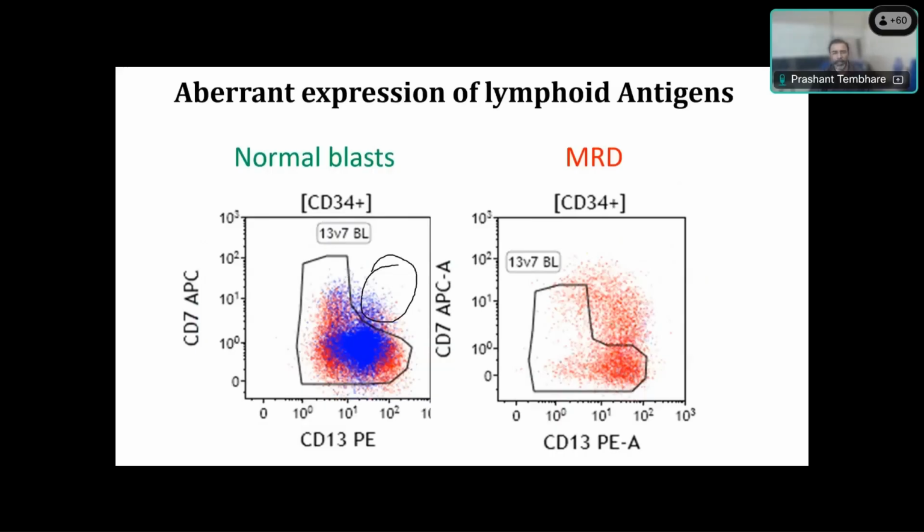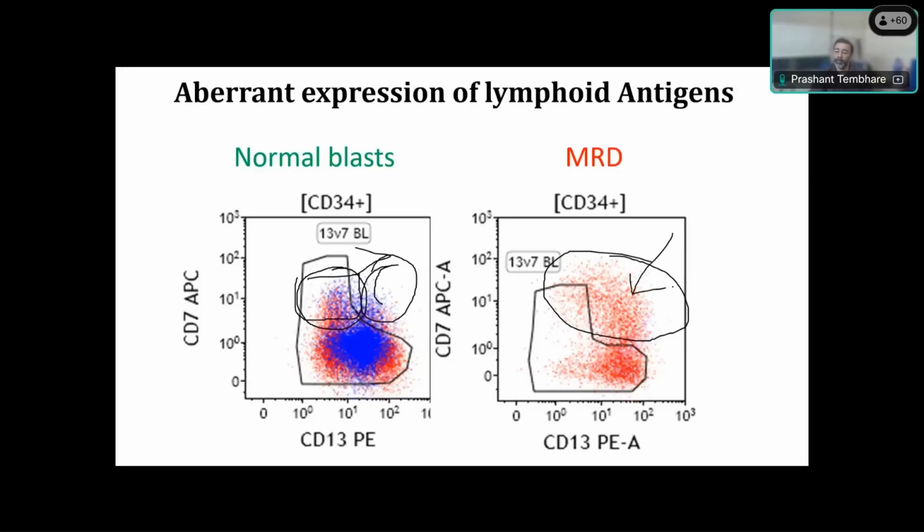But when you look at the combination of CD13 versus CD117, normally the CD7 negative, CD13 positive population is more than the CD7 positive, CD13 positive population. So if you have the other way around, that means the CD7 and CD13 positive population is more than the CD7 positive, CD13 negative population, then this is an aberrancy.